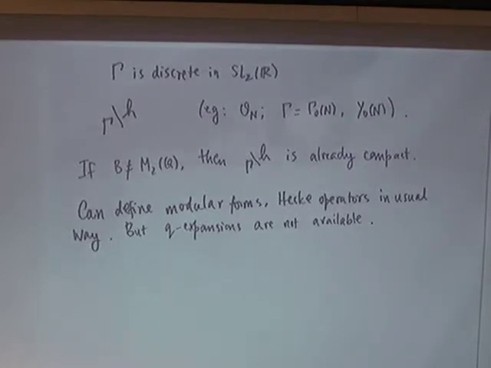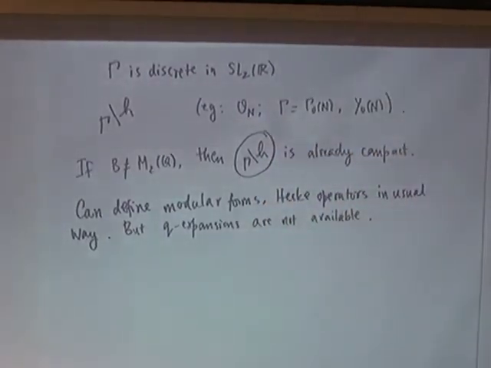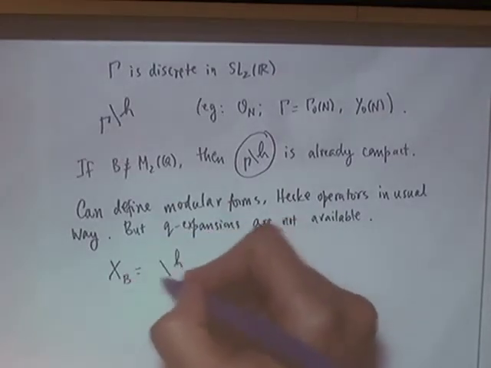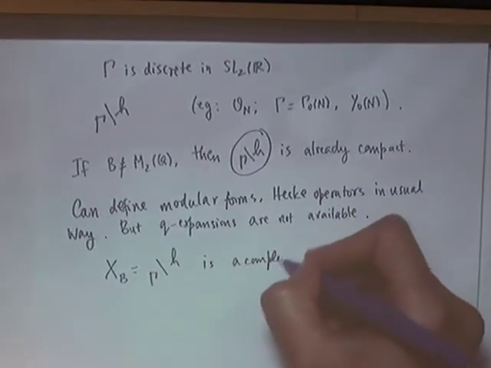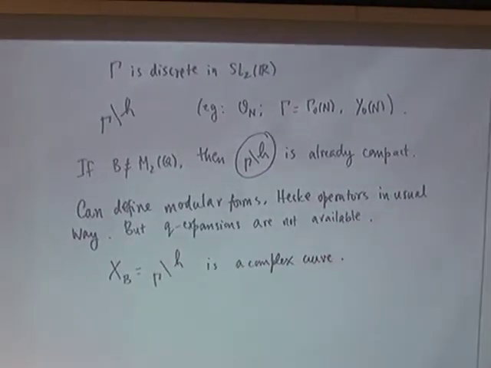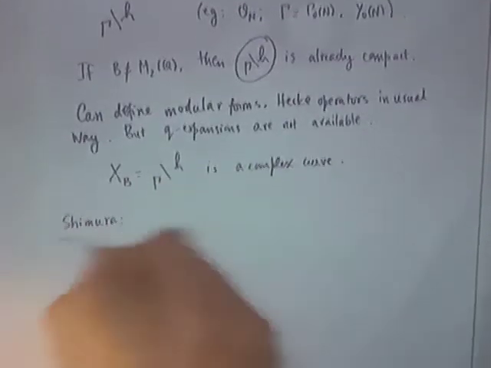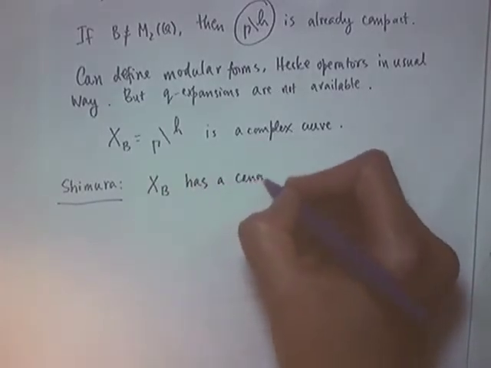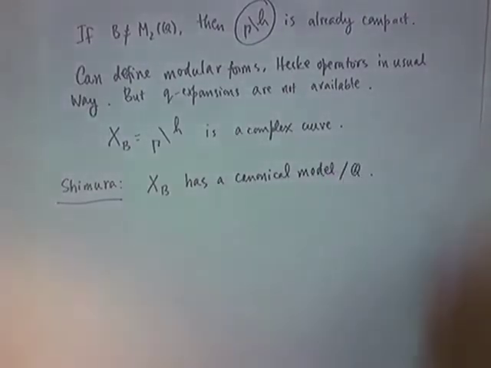And this makes the study of modular forms on such gamma somewhat difficult from an arithmetic point of view. Now, what do we know about this H mod gamma? You know it's a complex curve, so I'm going to call this X_B. But Shimura showed that, in fact, X_B has a canonical model over Q. And this model is characterized in the following way.